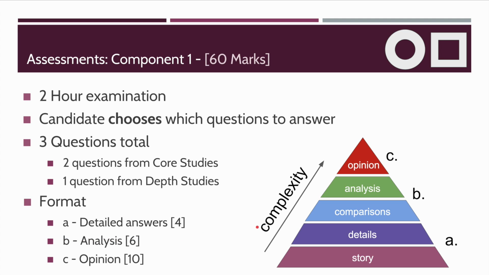As our diagram points out, and we'll have a separate video on this alone, as you go up the pyramid, the questions become more complex, and thus that is why you can get up to 4 points for a detailed answer, 6 marks for analysis, and opinion questions can be up to 10 marks. But like I said, essentially we'll have a separate video which will be all about just tackling paper number 1.